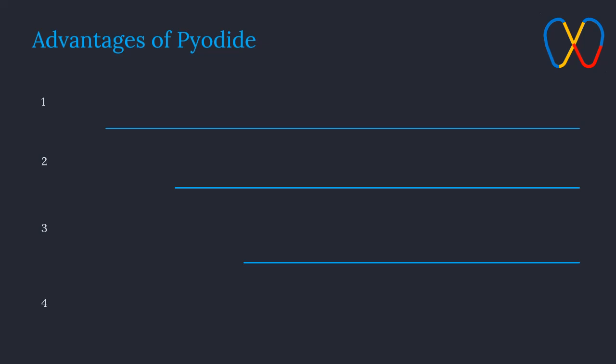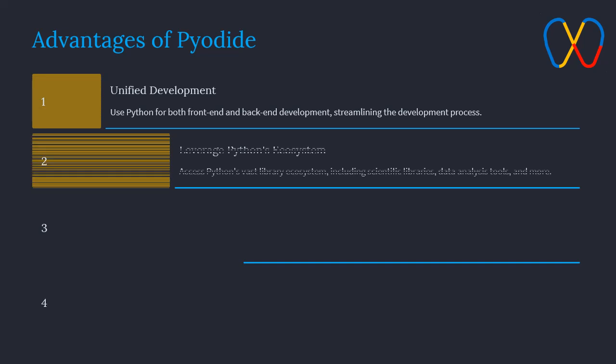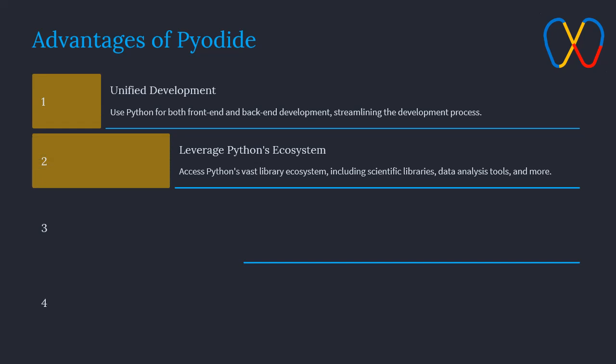Advantages of using Pyodide are: 1. Unified development. Use Python for both front-end and back-end development, streamlining the development process. 2. Leverage Python's ecosystem. Access Python's vast library ecosystem, including scientific libraries, data analysis tools, and more. 3.